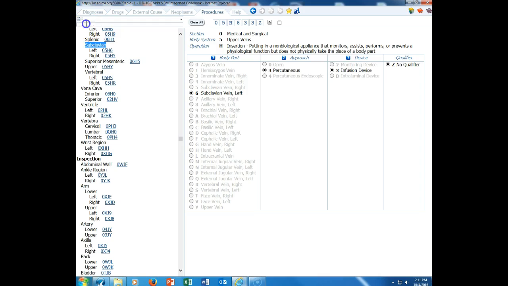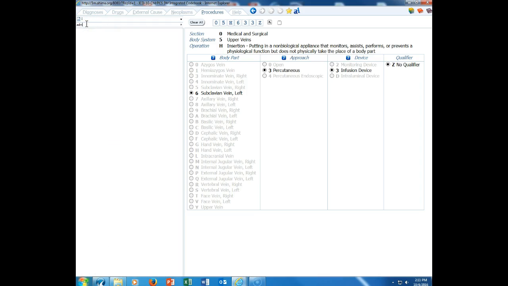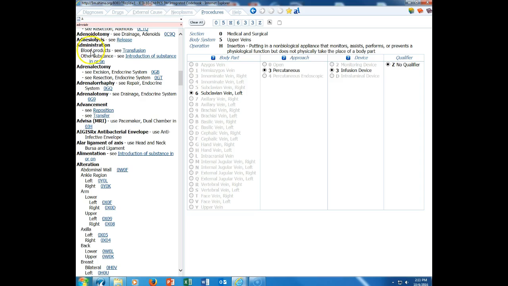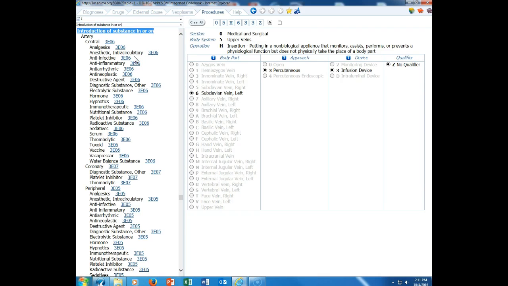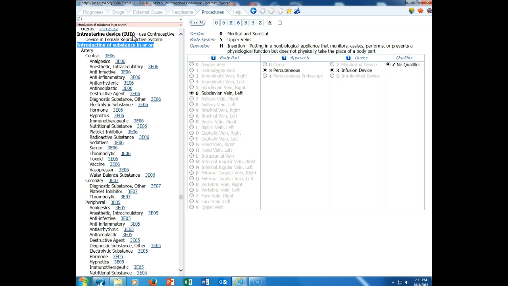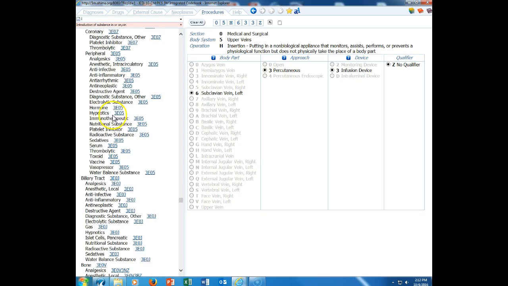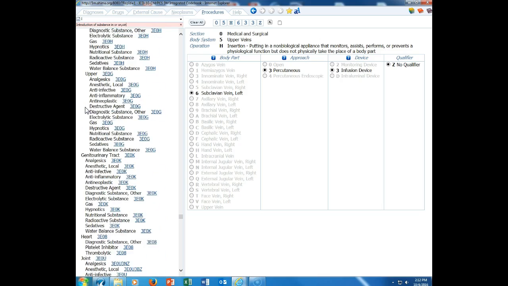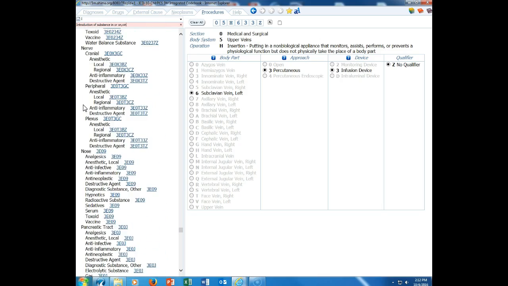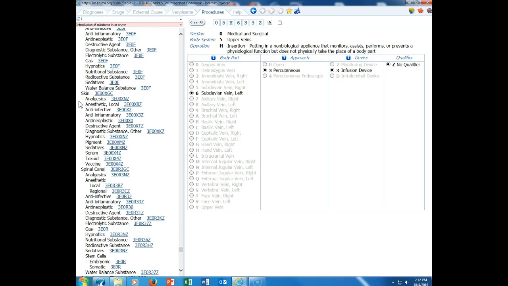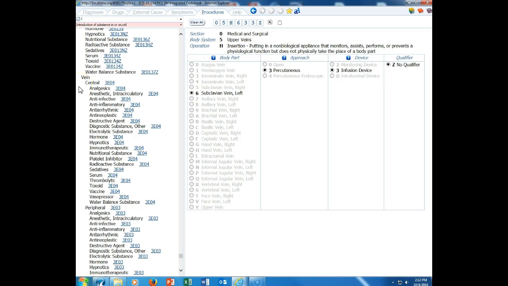And then we want to code the administration of the antibiotics. If I go to administration, it's not blood, other substance. See introduction of substance. And this actually is going into a vein. So we should have an option way down here, vein, central, and it's an anti-infective.